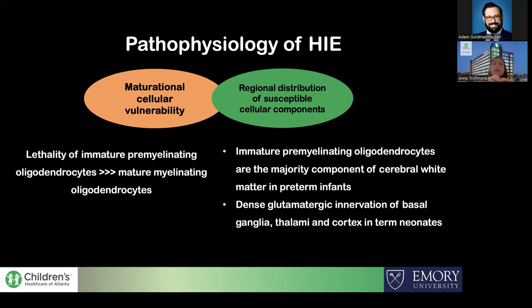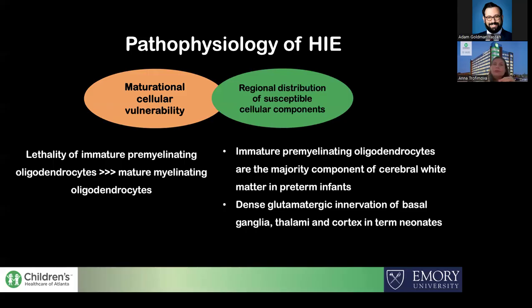Basically, maturational cellular vulnerability means that different cellular groups have different sensitivity to the injury that happens during hypoxic ischemic injury.